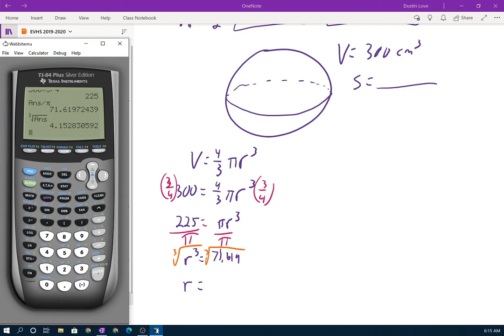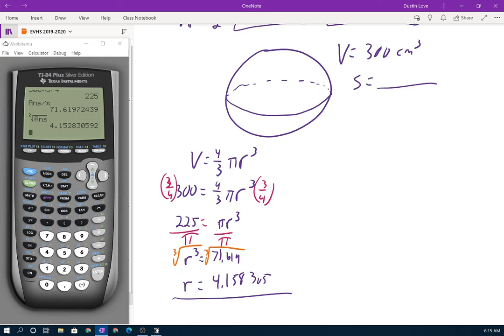So r is 4.158,305. If I want to get it as accurate as possible without the answer, I would probably actually type in that entire number. But you'll notice, like I said in the previous lesson, I always use the previous answer because that is a truly unrounded value, and I don't worry about introducing rounding errors.